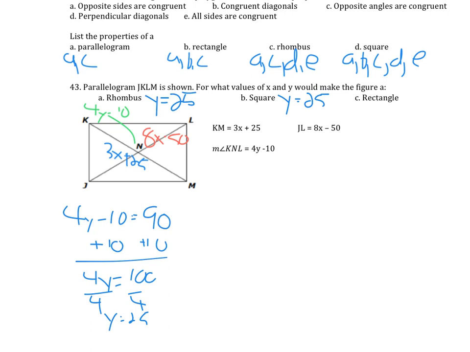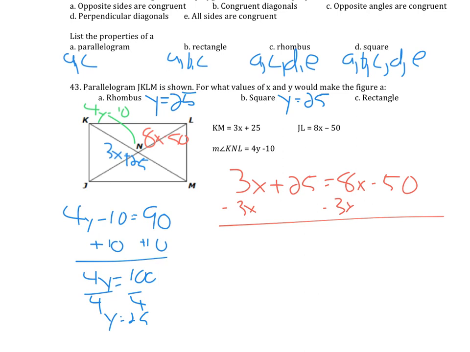Now for a square, we know that diagonals are congruent, so we can state that 3x plus 25 is equal to 8x minus 50. Subtract 3x, that gives us 5x. Add 50, that gives us 75.